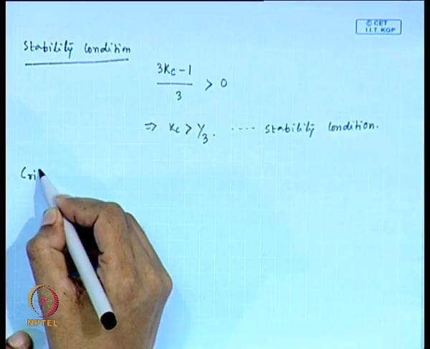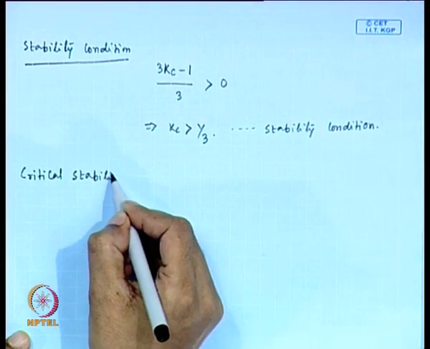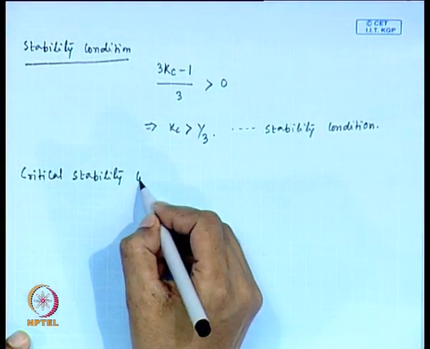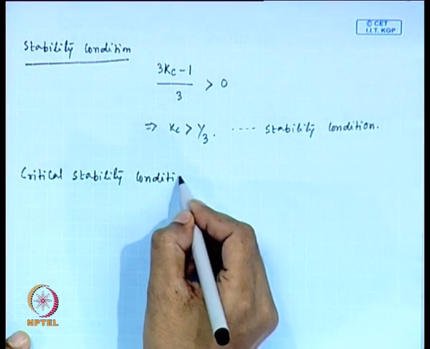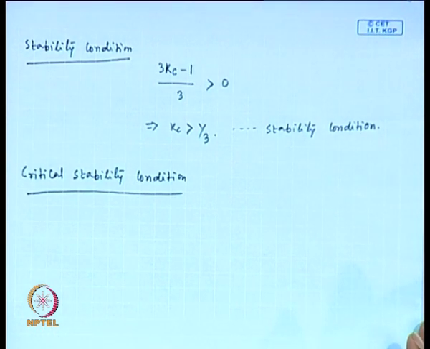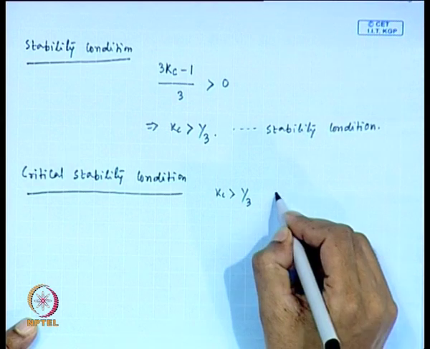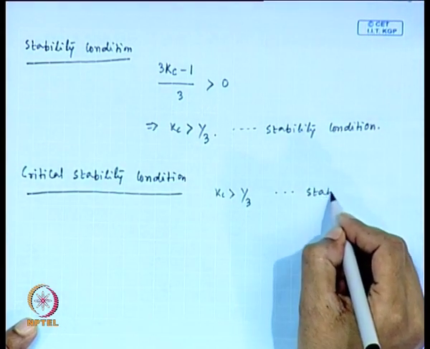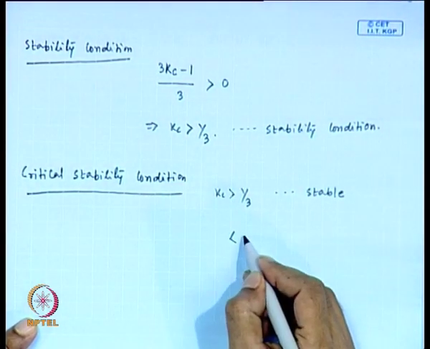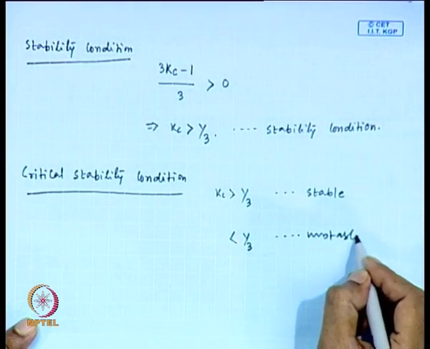In the next we will discuss the critical stability condition. One thing is clear: if Kc is greater than 1/3, then the closed loop system is stable. If Kc is less than 1/3, then the system is unstable.